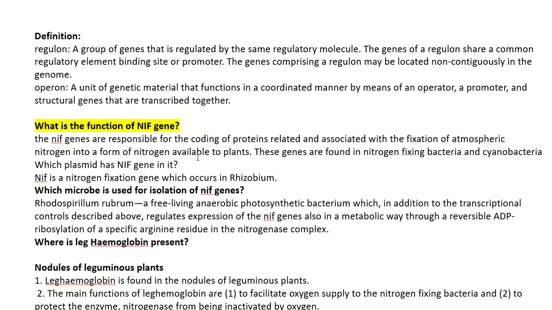Now, questions: how they are asked in the examination. In 12th science also they are asking the same questions. In Byju's and many platforms, those who are uploaded in NET, they are utilizing the same thing. Regulon. Regulon means what? As I said, a group of genes that is regulated by some regulatory node. Now, the genes of a regulon share a common regulatory element, that is a binding site or a promoter site.